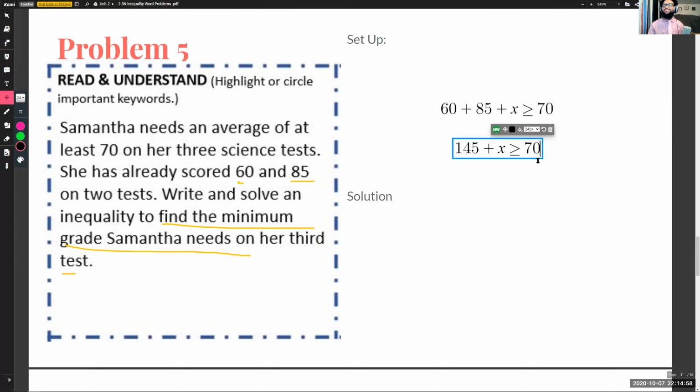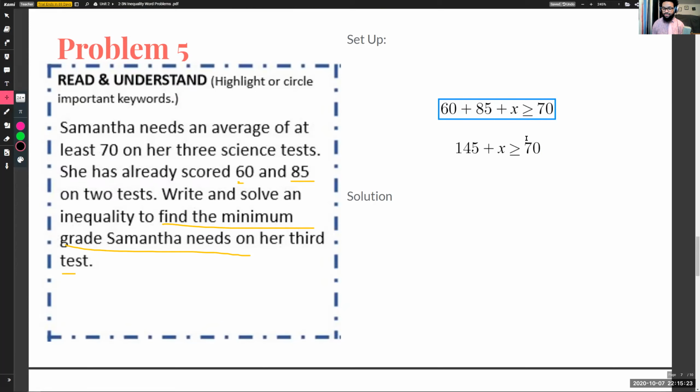Let's back up one second, because this is a really easy way to make a mistake. She needs a 70 average on 3 of her tests, all right? So for each test, she has to have an average of 70. So instead of just having all 3 add together to be 70, that wouldn't be correct. And that's where a lot of students would want to make that mistake.